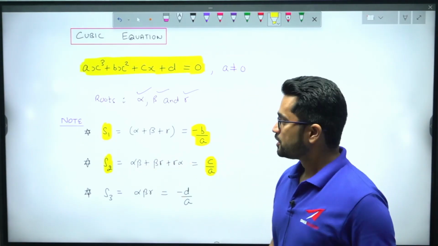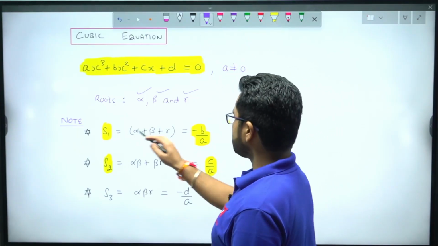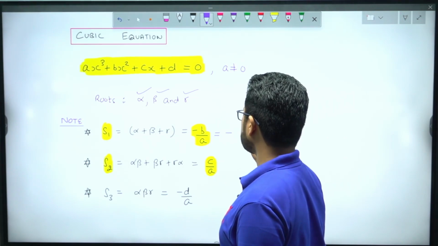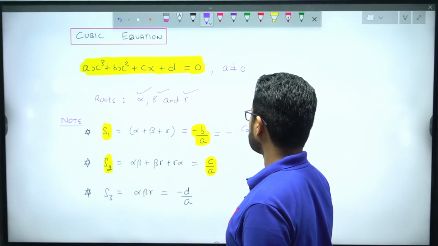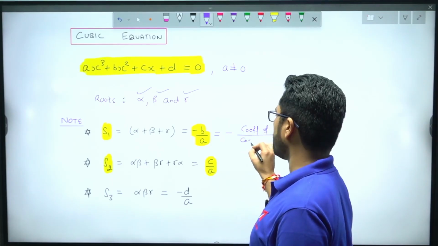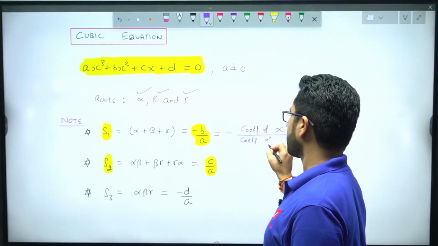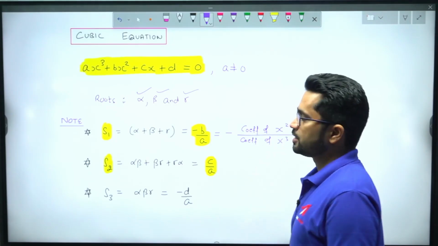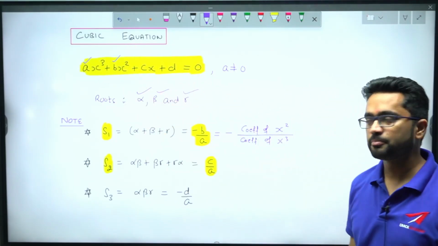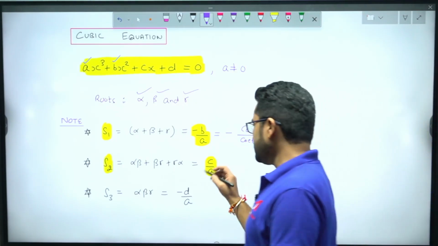All right. So guys, please note what S1 is. S1 is minus times the coefficient of x square upon the coefficient of x cube. What is S2?